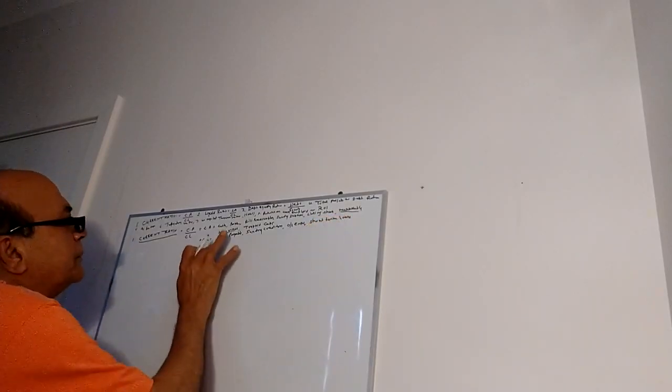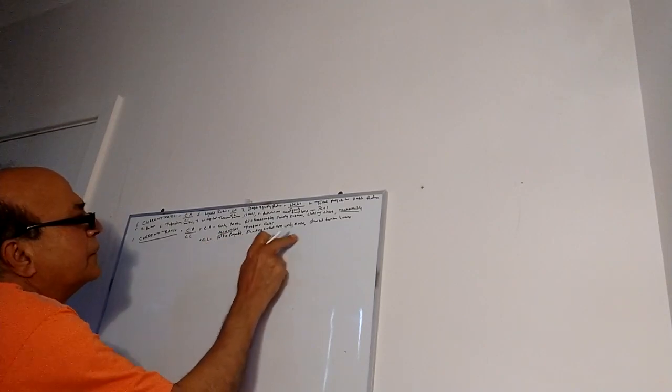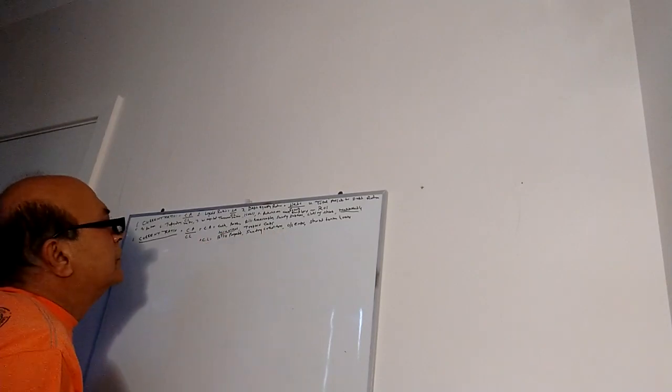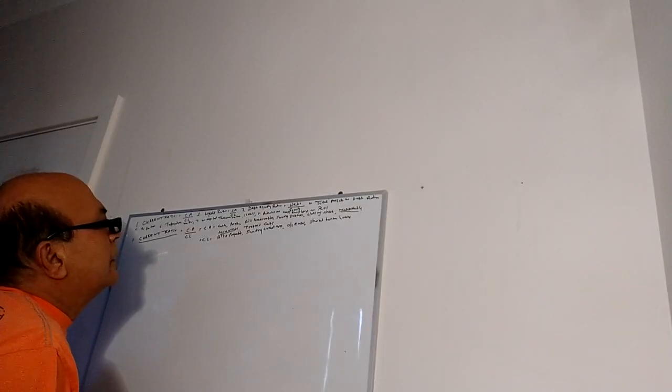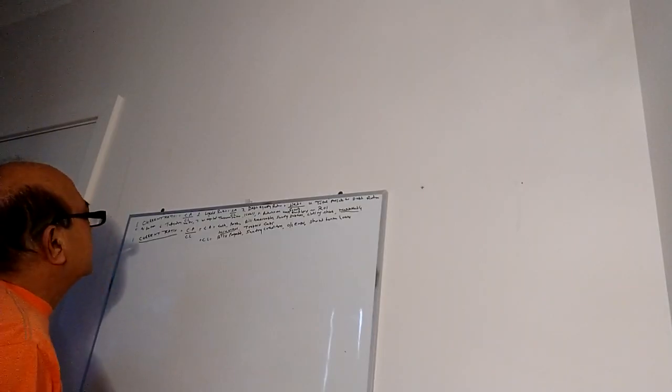So we include bills payable, sundry creditors, outstanding expenses, short-term loans. So they are called current liabilities.